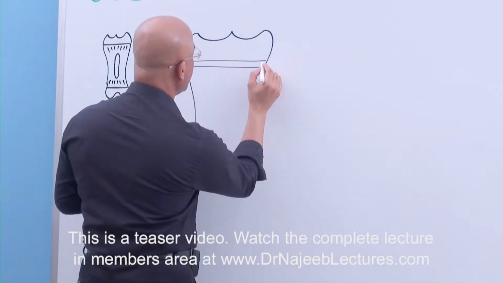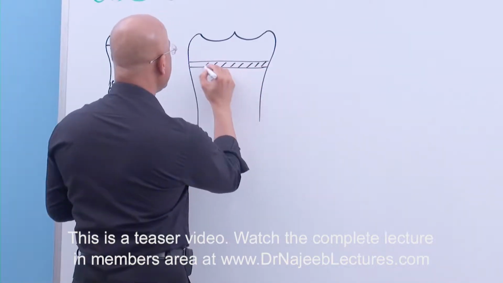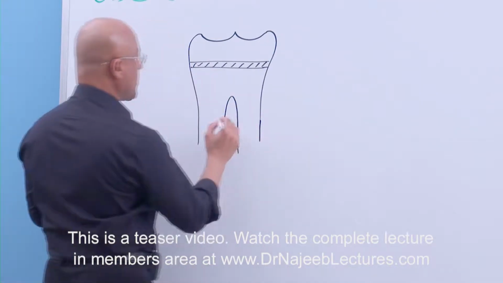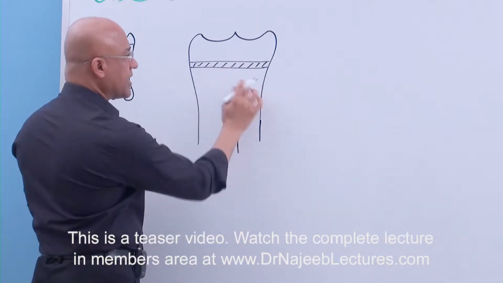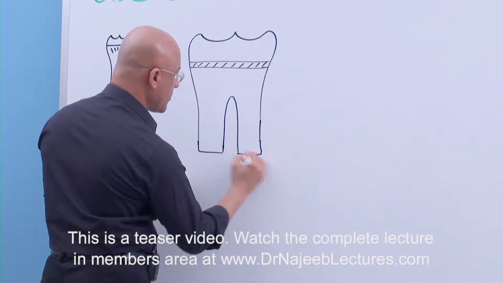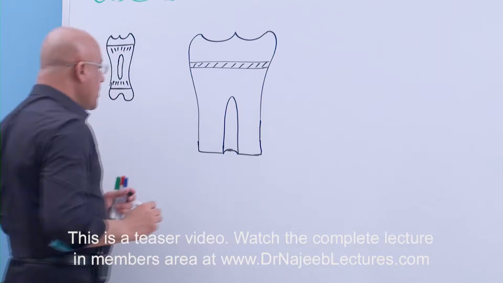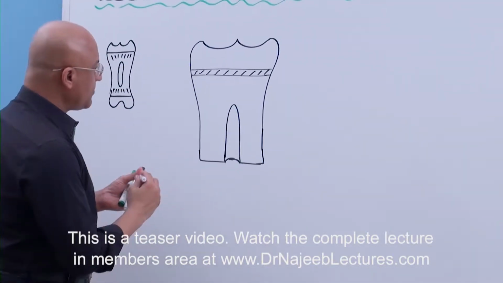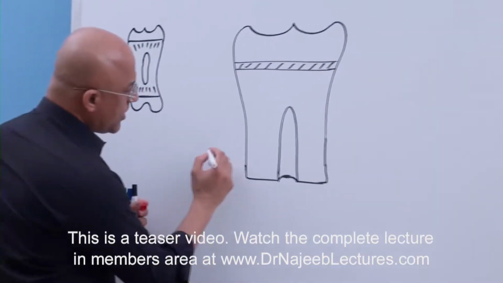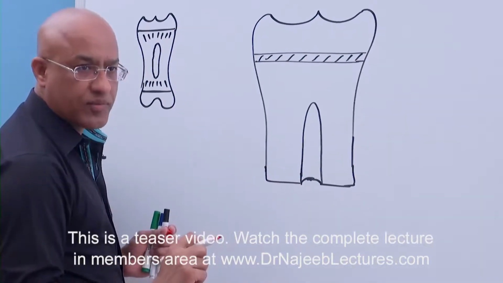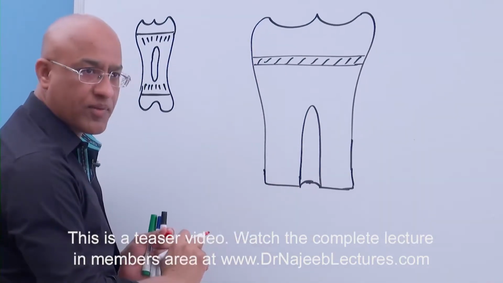This is the epiphyseal plate, right? Here is your metaphysis and here is the diaphysis, right? Now, first of all, about the blood supply. The diaphysis has a nutrient artery, the main artery, which enters through the nutrient foramen, right?